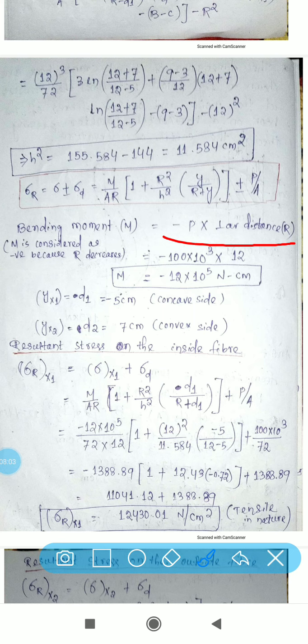If the radius of curvature decreases, then the bending moment is considered negative. Then you put all values for P and perpendicular distance. P is 100 into 10 to the power 3. Perpendicular distance is R, the radius of curvature.